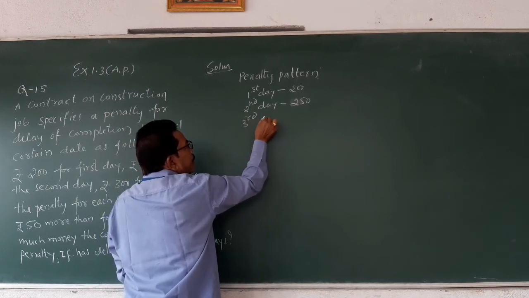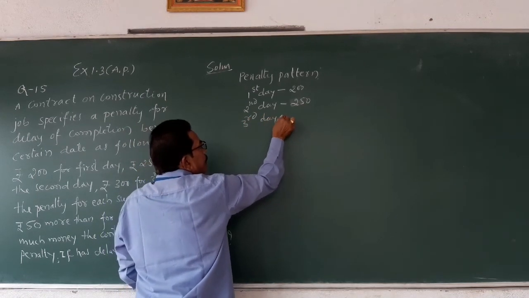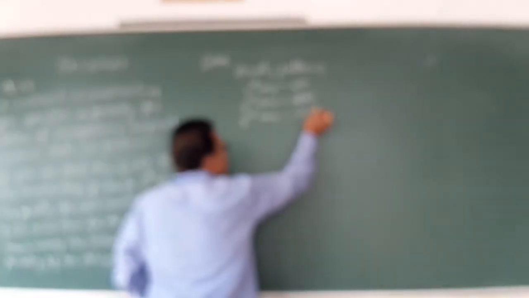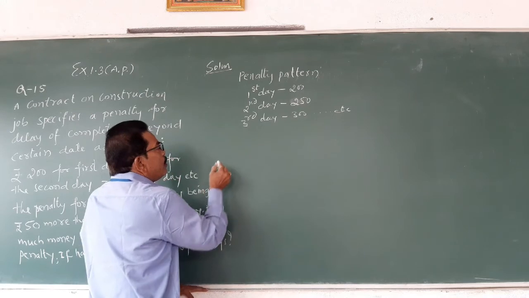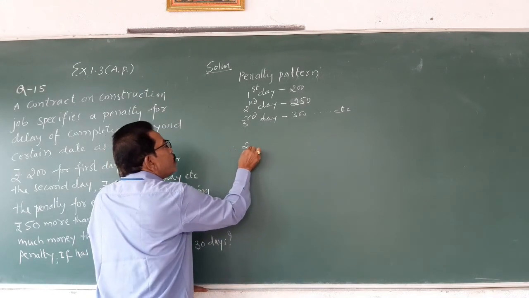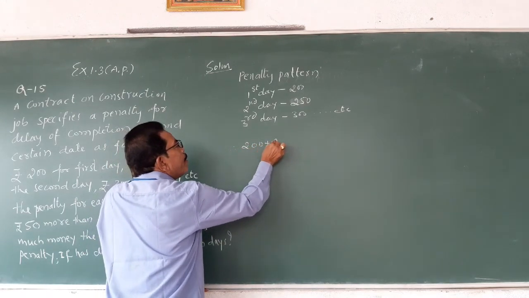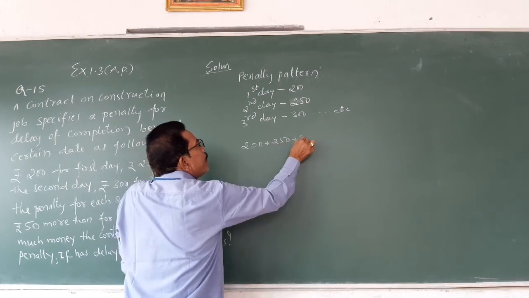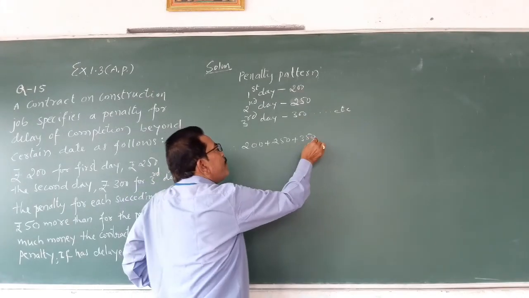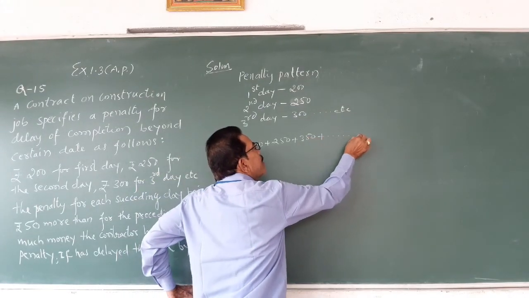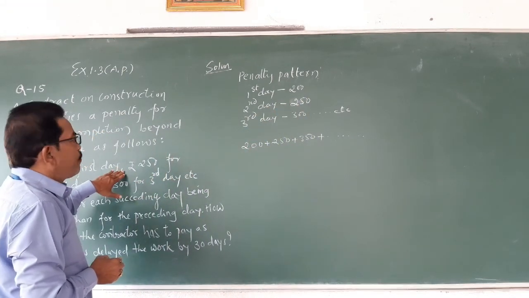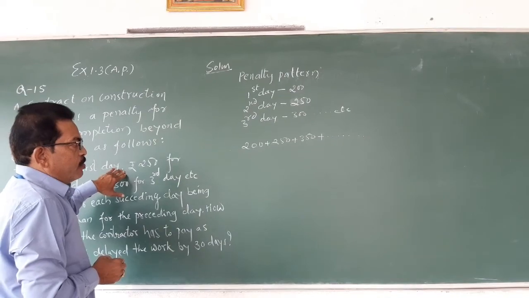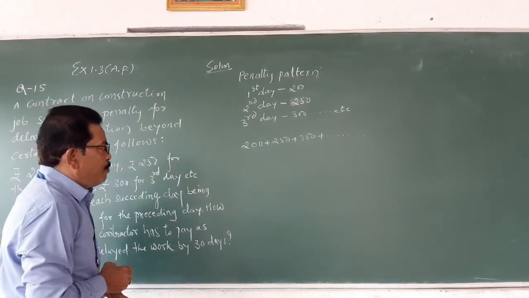Third day, $300, etc. So 200 plus 250 plus 300 and so on is the pattern of the penalty. So obviously it is in AP.